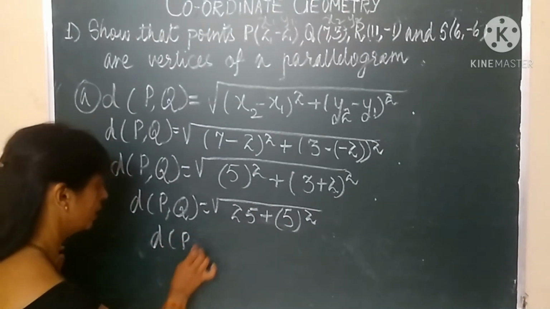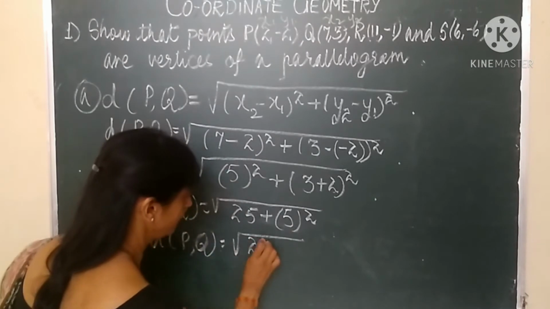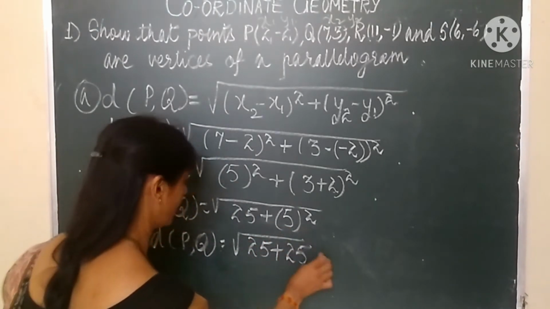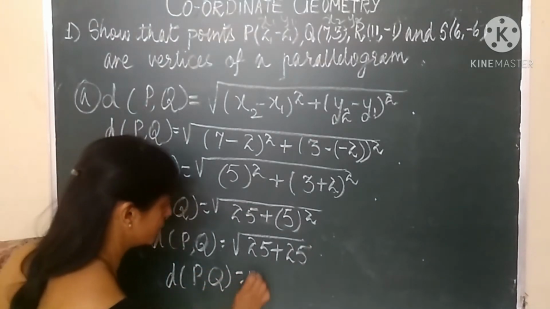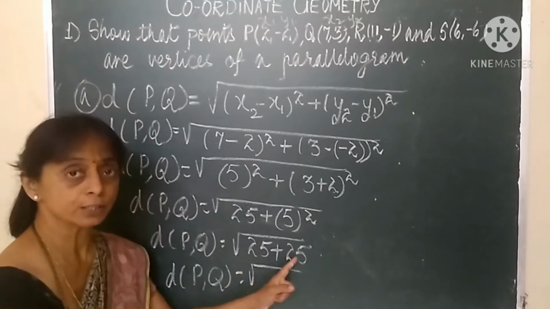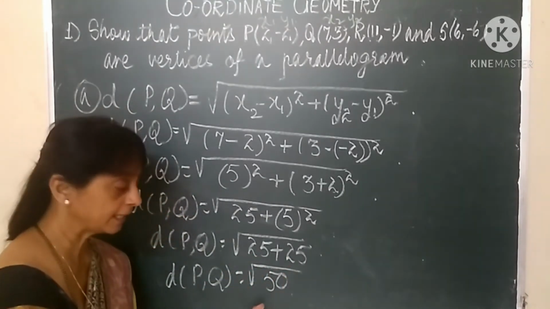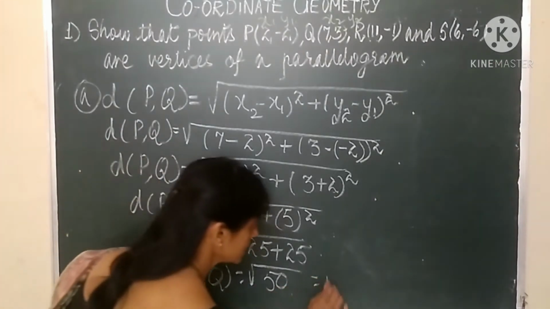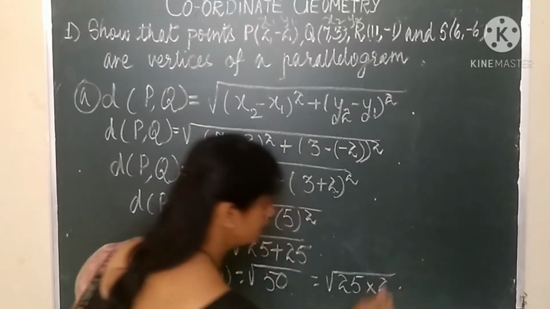So distance PQ will be equal to 25 plus 5 square is 25. So distance PQ will be equal to square root of 25 plus 25 gives us 50. We'll have to factorize further. 50 can be factorized as square root of 25 into 2.